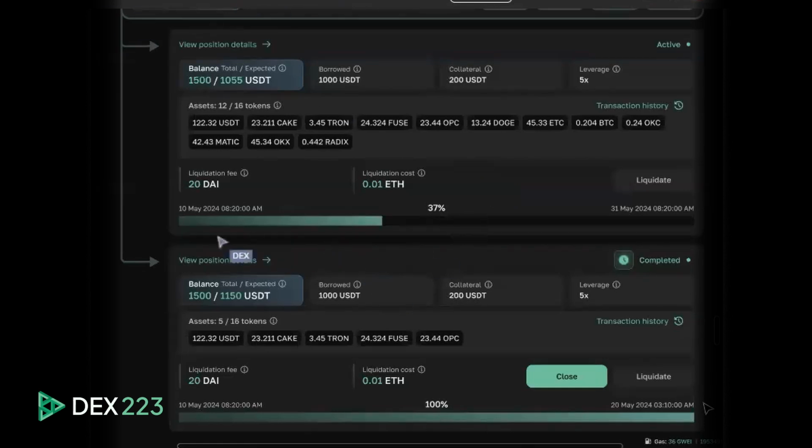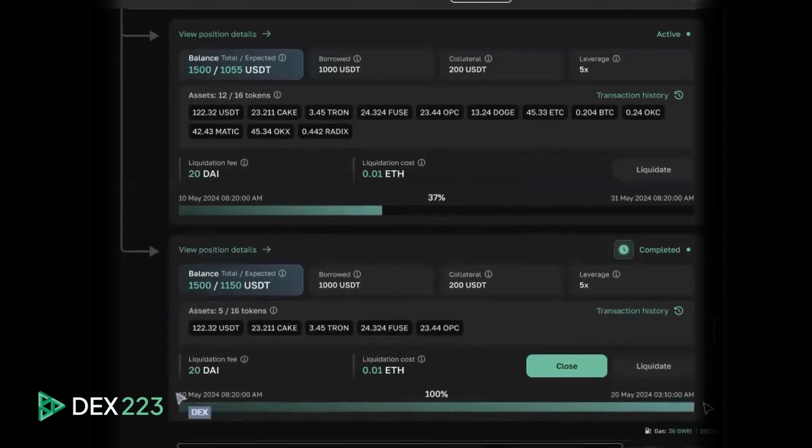Here you can see the second position. It's actually the same position as this one, but it has a full completion date. And as you can see, it already achieved its 100% completion. And we expect to have a full amount of interest on its balance at this time.